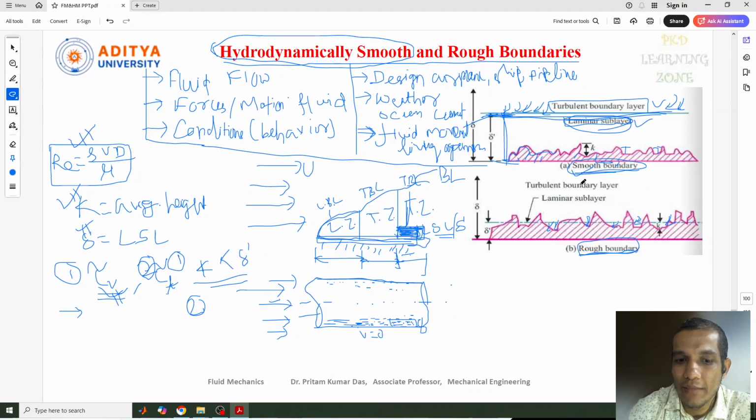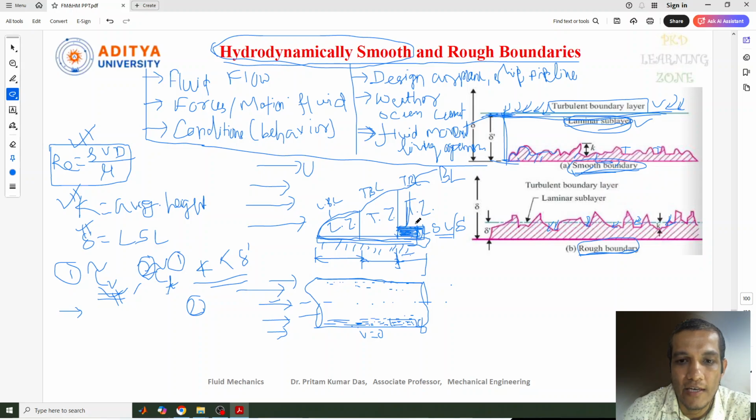Now, the second one is similar, the same thing, but the concept is here. Again the Reynolds number is increased; for laminar flow the Reynolds number is less. When the Reynolds number is more, we get turbulent flow, and the thickness of the laminar sublayer starts decreasing.